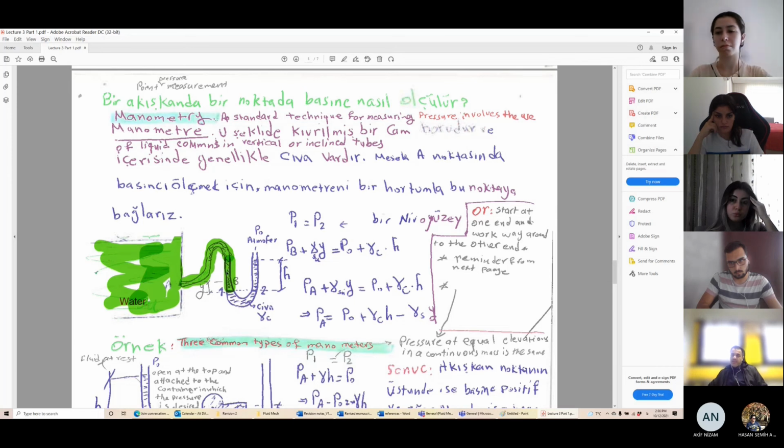What will happen? The manometric liquid, here mercury, will move up. However, after such a motion, it will finally stand in equilibrium.